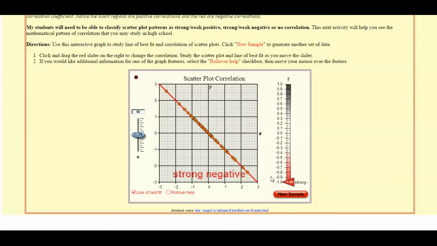And once you get to -1, it's a perfect negative correlation, which is as strong as it can possibly be. You can't have a negative correlation that's any stronger than this. Next, I'll show you some examples of calculating a correlation coefficient with Excel.